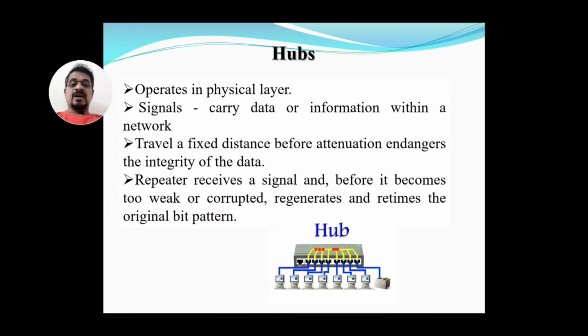Now let us start with hubs. We will start with the physical layer device. The hubs and repeaters are one of the best examples of physical layer devices. They operate in the physical layer, which handles the movement of bits. Here the data is converted into signals, which carry the data or the information either within the network or across multiple networks.